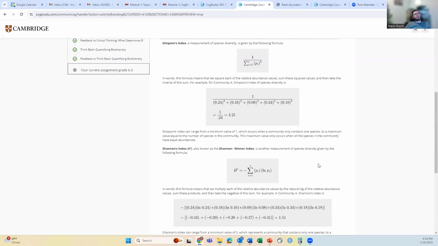I'll be honest, I'm not positive which supplemental video you're referring to. I will look into that. But for the exam's sake, use the formulas on this page. Got it. Okay. That's the method that is intended. Is it for the Shannon or the Simpson's index? This, Shannon. I'll post it in the chat real quick. Okay, thank you.